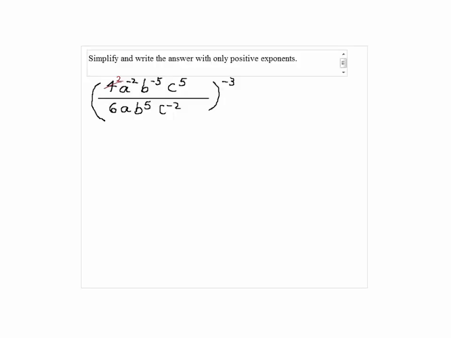I see that we have 4 and 6, both are factors of 2. So if I divide 4 by 2, I would get 2, and divide 6 by 2, I would get 3. That would result in 2/3.